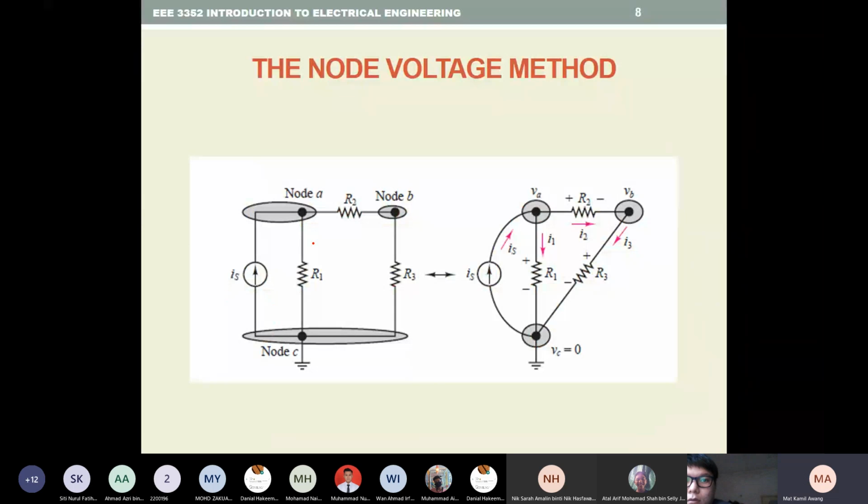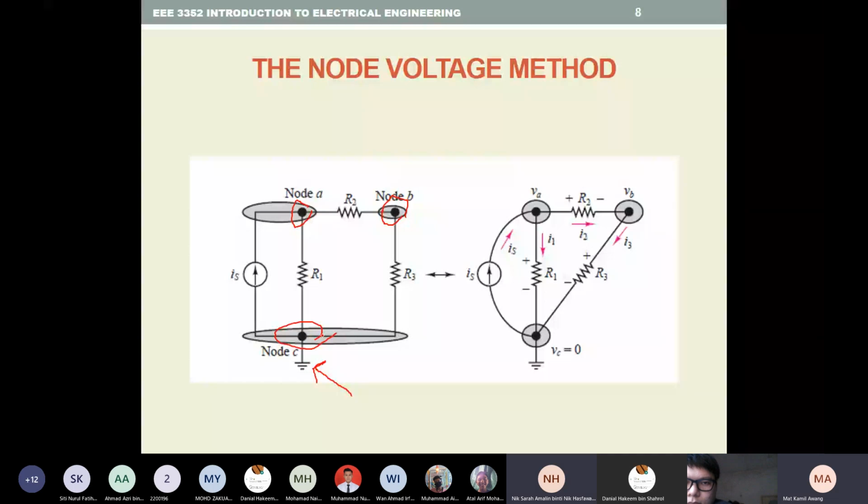This is the step one. Let's say you have these circuits. So you identify how many nodes. This one node, this one node, see here, this is one node. So now you have three nodes. So one of the nodes you assign as a reference node, as a ground.